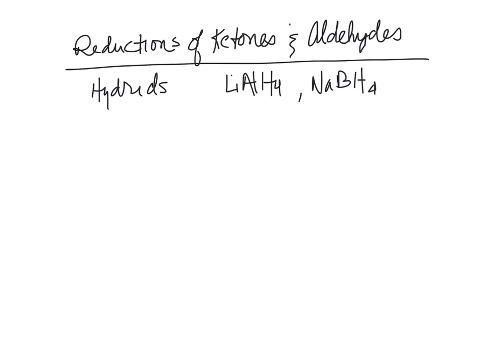Sodium borohydride will reduce ketones and aldehydes, but not some of the other carbonyl compounds. So it's more selective. In fact, it will reduce aldehydes even in the presence of ketones because aldehydes are more reactive. Another way to reduce a carbonyl would be with Raney nickel, and that looks like nickel with hydrogen present.